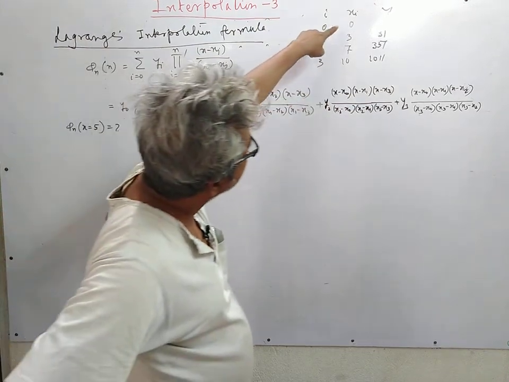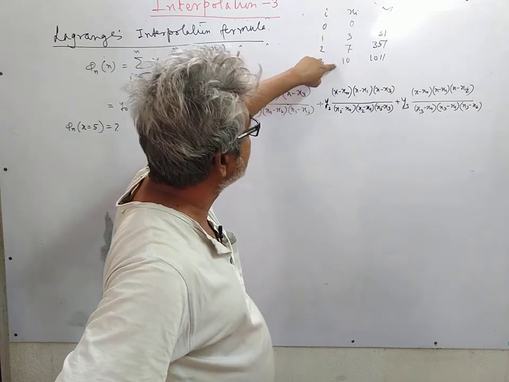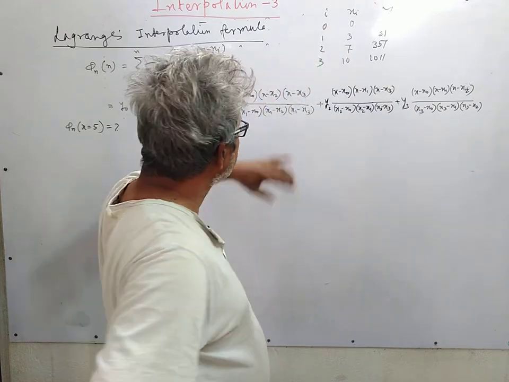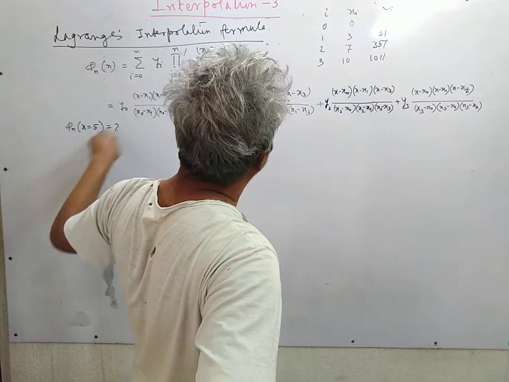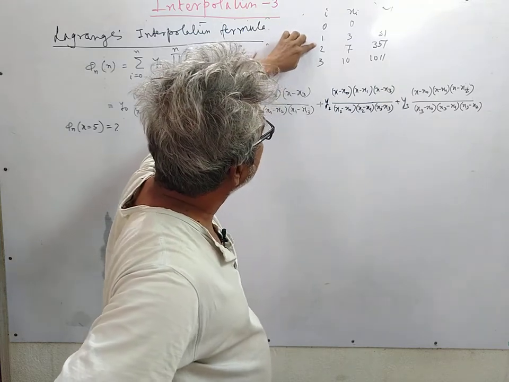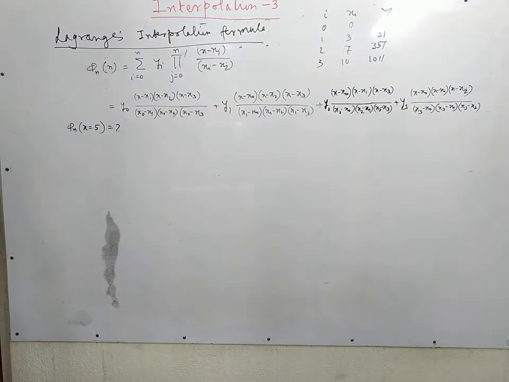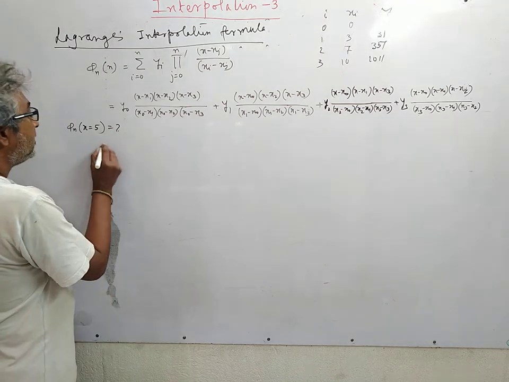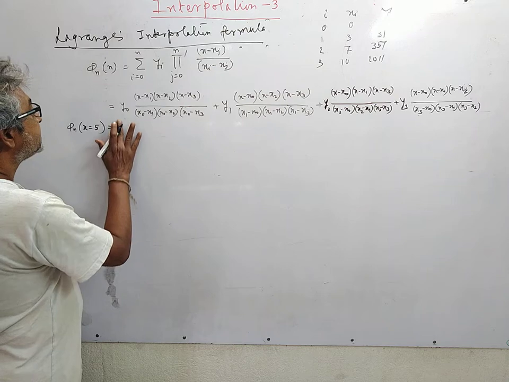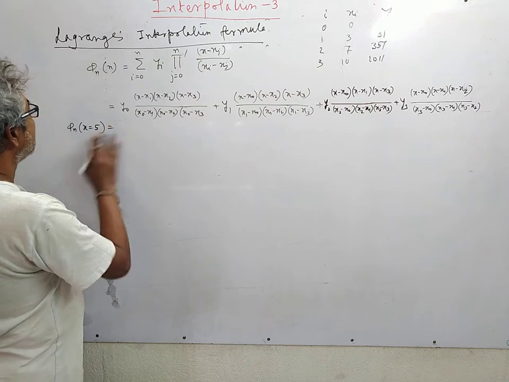Firstly, because the x values are not equispaced. Secondly, the value of x chosen lies in the middle of the range. In that case, Newton's forward formula has less accuracy, but there is no such restriction for Lagrange's formula.